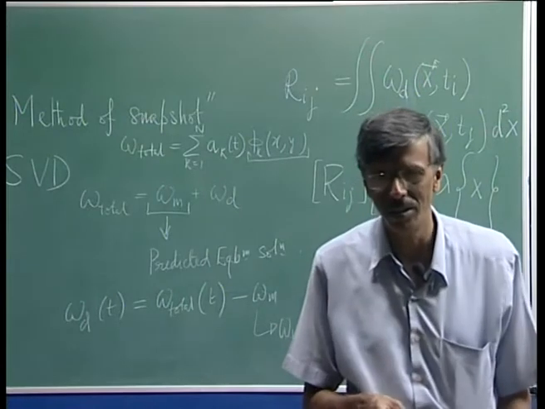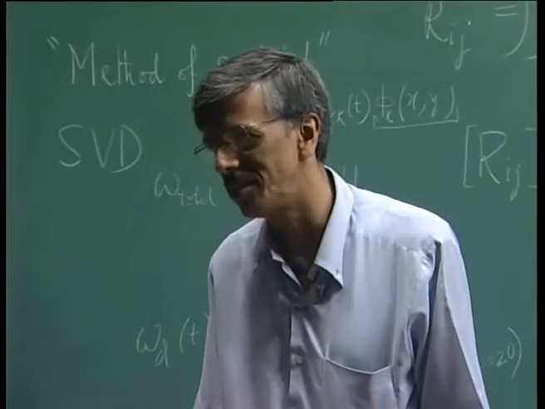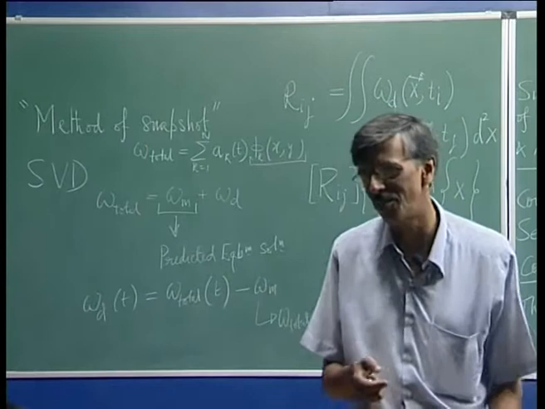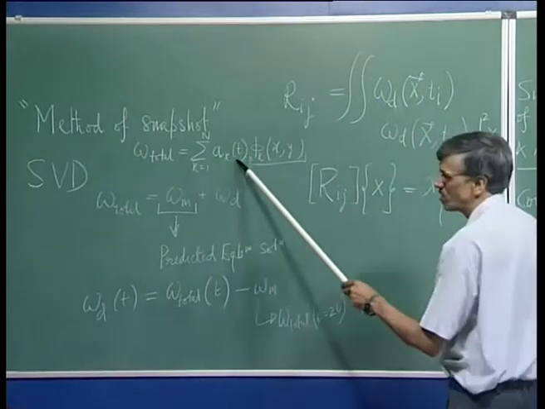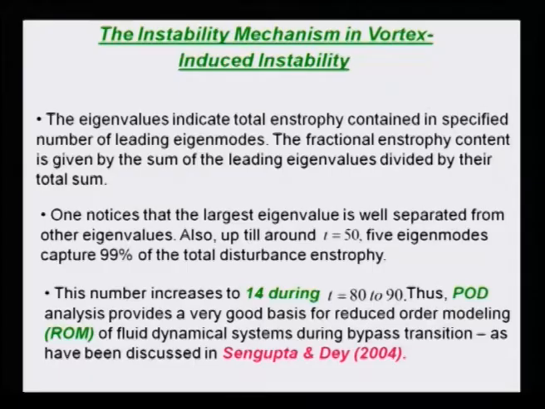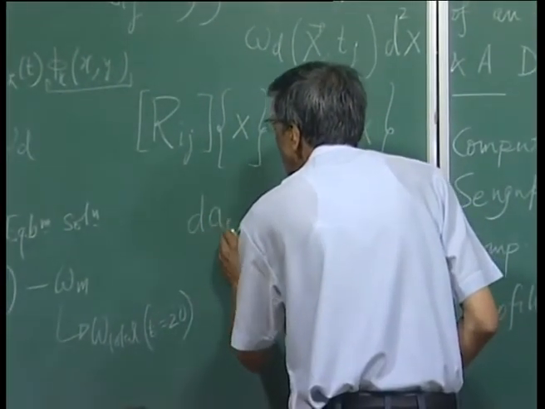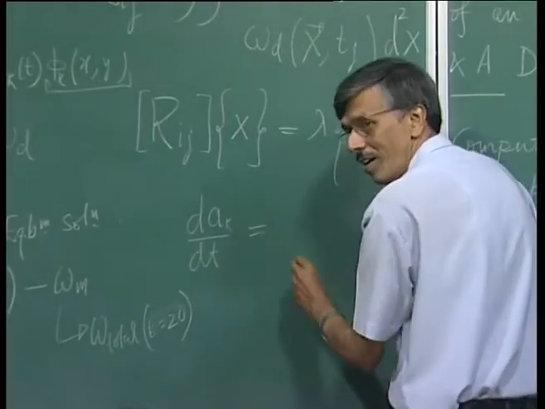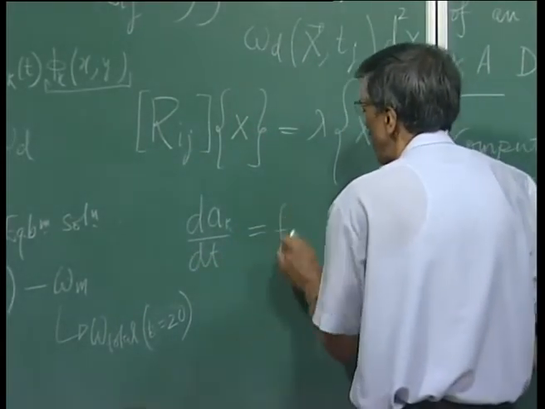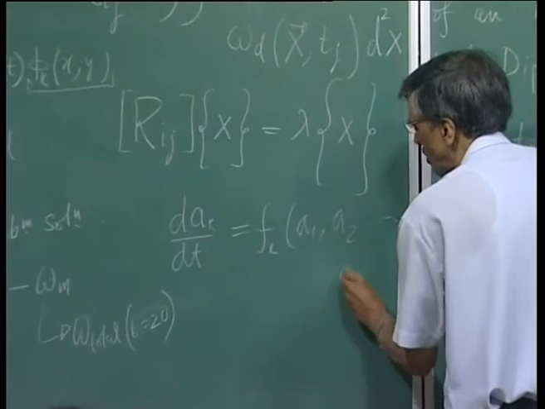We have faith in our direct simulation result. So we do this, and in doing so we have come out, over the last 2-3 years, with some fascinating pictures of how these things are obtained as a function of time directly from DNS results. However, originally Kosambi, Lumley and others were thinking of basically getting some dynamical system description of these modes, which could be some function of all a1, a2 up to say an.